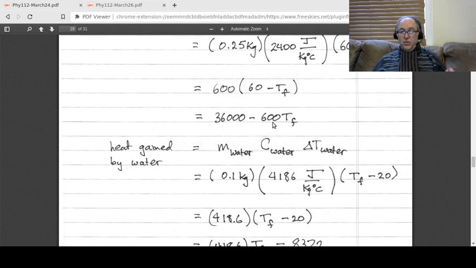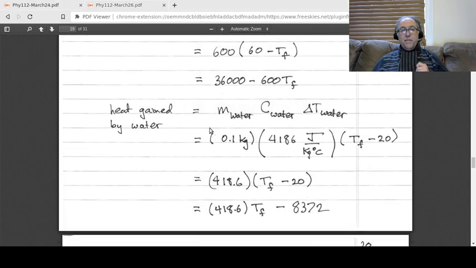Now, that's the story with the ethanol. What's the story with the water? So with the water, it's the same thing. But now it's the heat gained by the water. The heat gained by the water is just going to be mc delta T, all for water. The mass of the water is 100 grams or 0.1 kilograms. The specific heat of the water, 4,186 joules per kilogram degree Celsius.